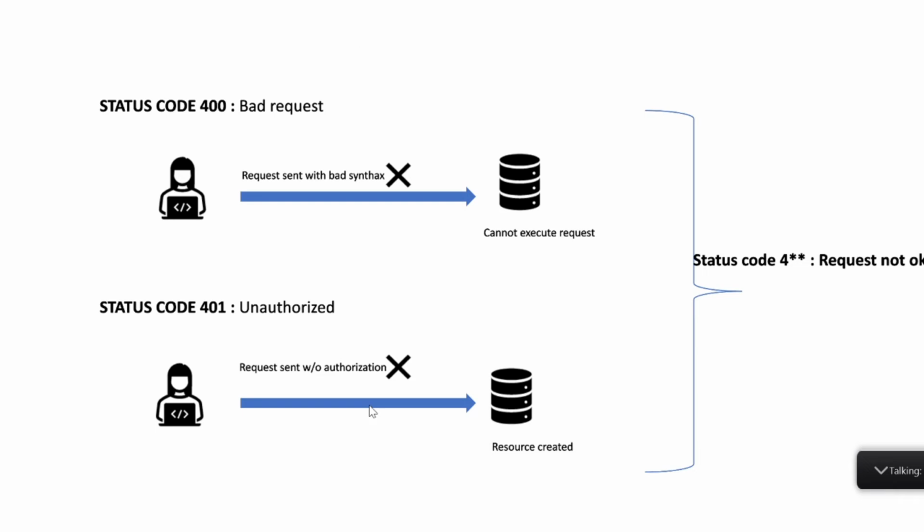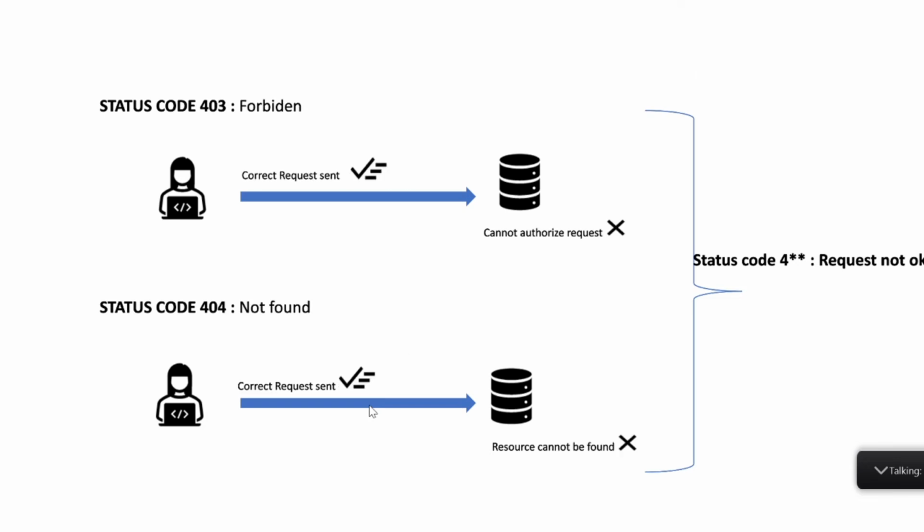Maybe the token or the key that you are using to access that specific resource on the server side is not valid anymore. So in that case, if you receive a code 401, go again and check your authorization.